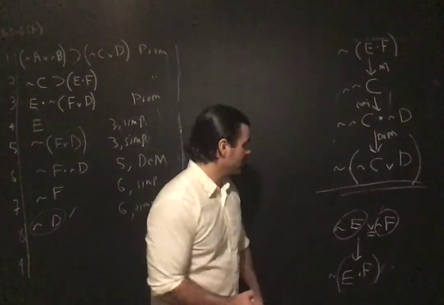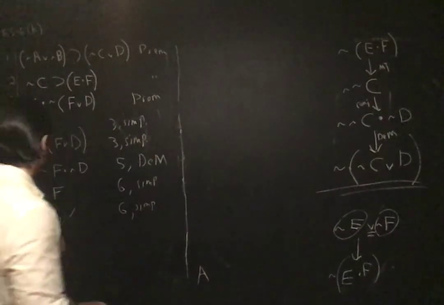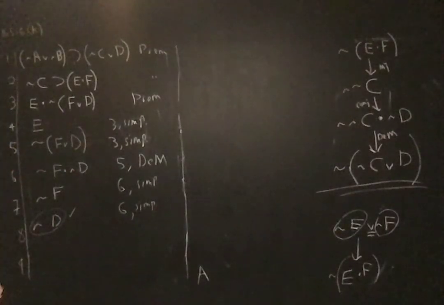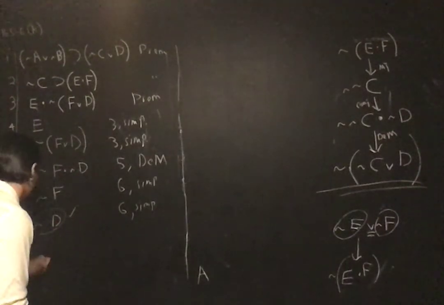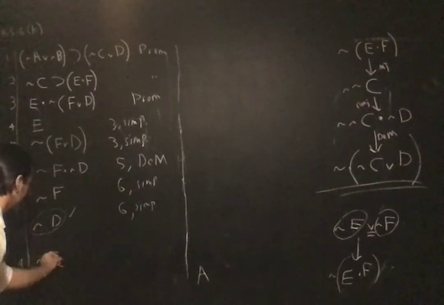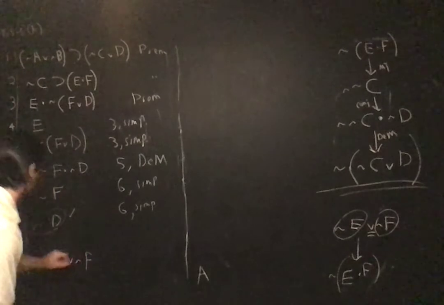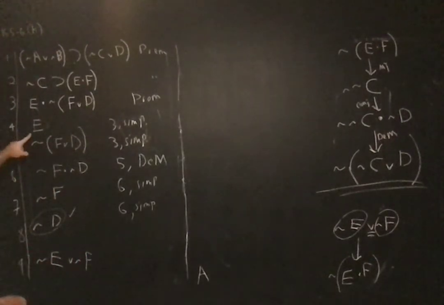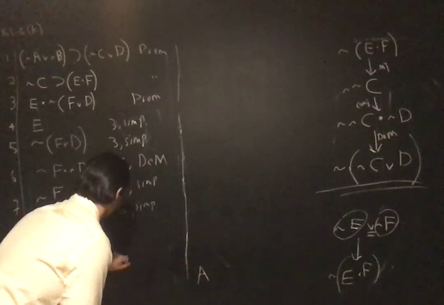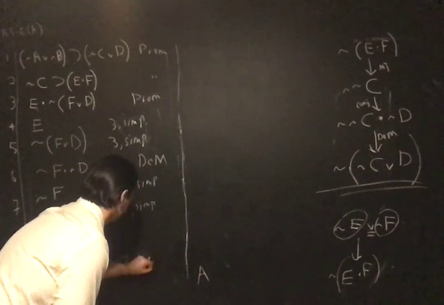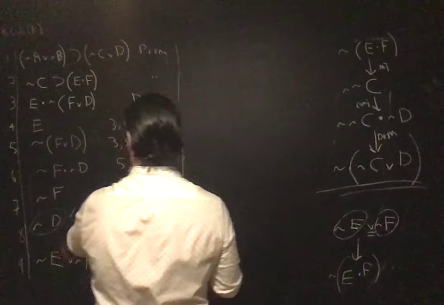That's rule of addition. And you have not F. So it turns out you actually get this by adding, again I'm adding to the left, second form of add, not E or not F, adding to 7, add.